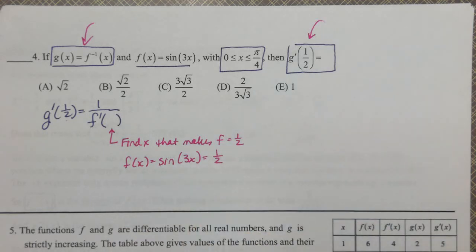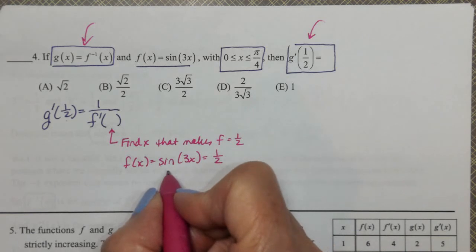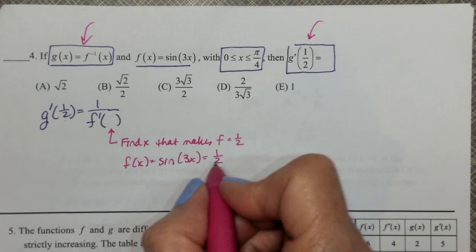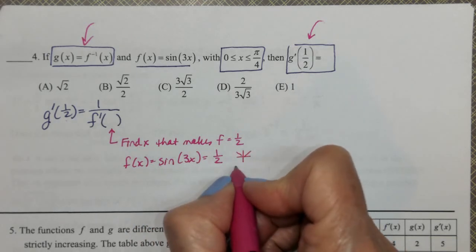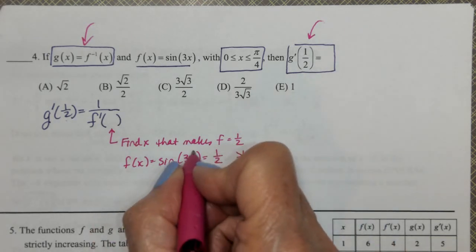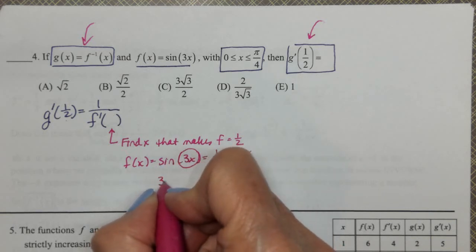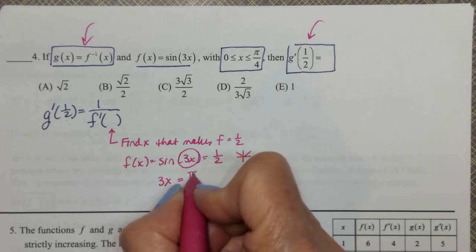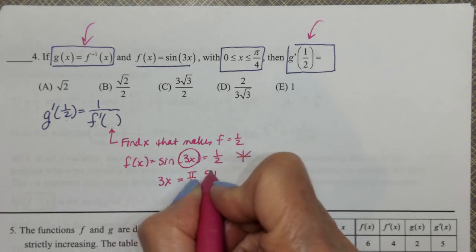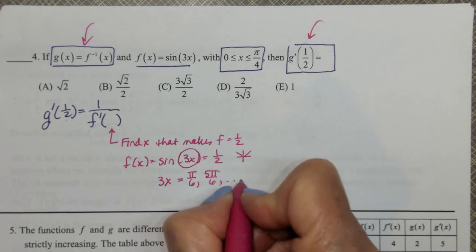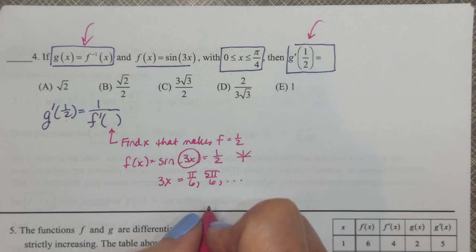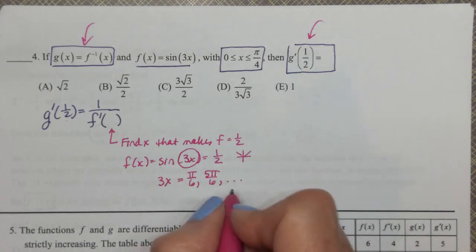Well, what angle makes sine 1/2? I know that sine is 1/2 at pi over 6 and at 5 pi over 6, right? That's where sine is positive 1/2. So the angle, the 3x, makes sine 1/2 at pi over 6, at 5 pi over 6, and then we could keep on going around and around the unit circle to get more and more angles that make sine 1/2.